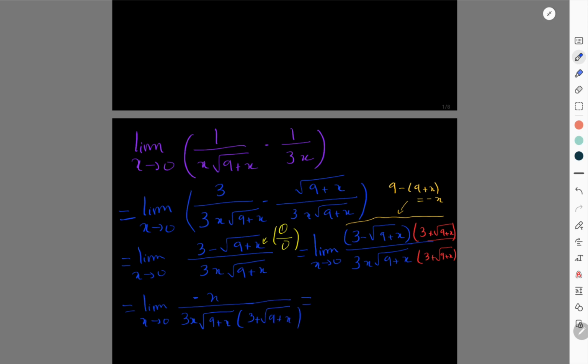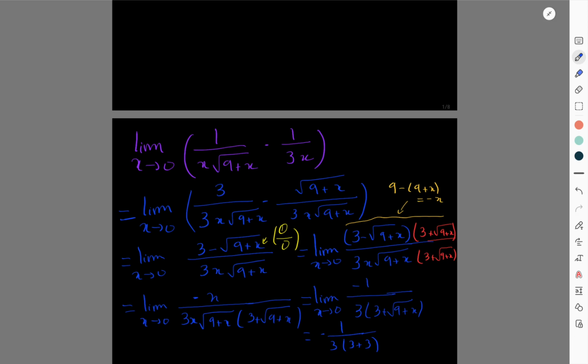Of course, I can cancel the x's out. I'm left with minus 1 on the top, over 3 times 3 plus square root 9 plus x. And that limit can be evaluated directly by substituting x equals 0. So what do we get? We get minus 1 over 3 times (3 plus 3). Did we miss anything?